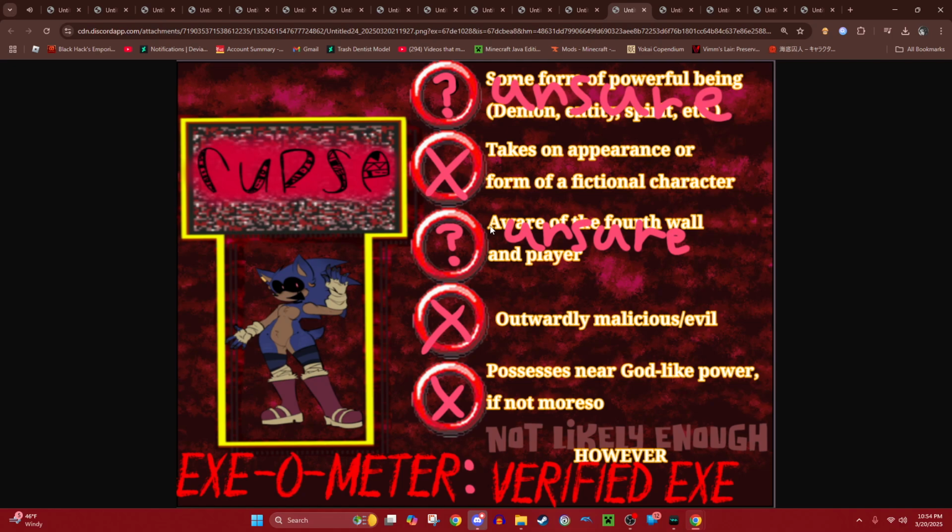starting with the first ring, I don't know if they're some form of powerful being. I don't know if there's some form of altered Mobian, which yes, Curse is a Mobian. Curse's story takes place within the context of the Sonic universe.